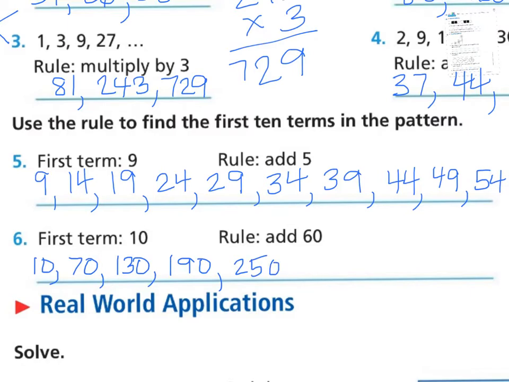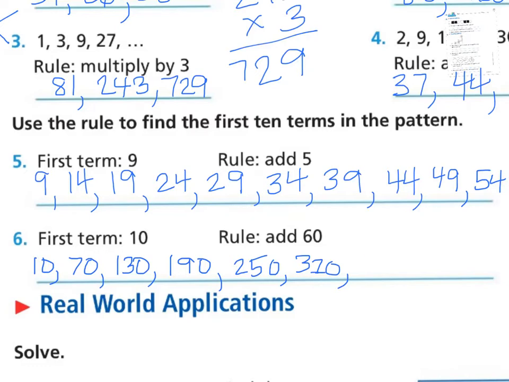Okay, I'm halfway there. There's 1, 2, 3, 4, 5. I'm going to do 250 plus 60 is 370. 370 plus 60. Oops. Really, that's 310. Sorry.